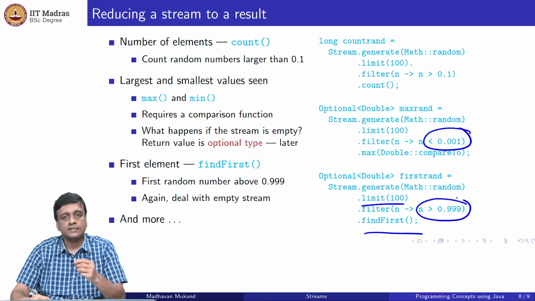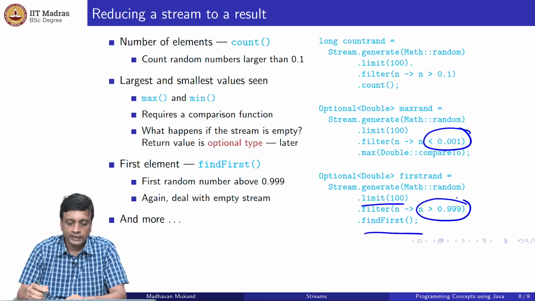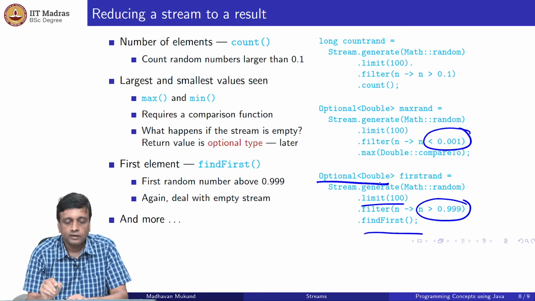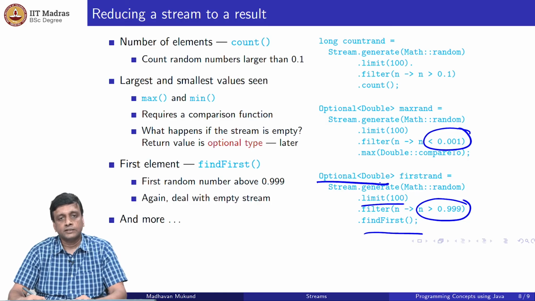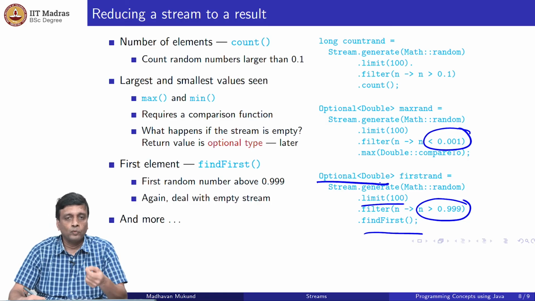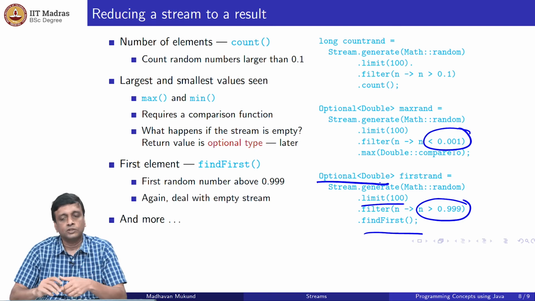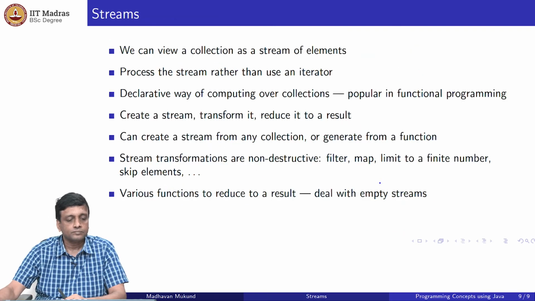We know that these numbers are between 0 and 1, so if it is bigger than 0.999, a very small fraction are going to be there. It is possible that nothing survives. So again, findFirst may have nothing to find the first of. Like our earlier max and min functions, this will not always return the type that you expect. It will return an optional version of that type. We will deal with this later.